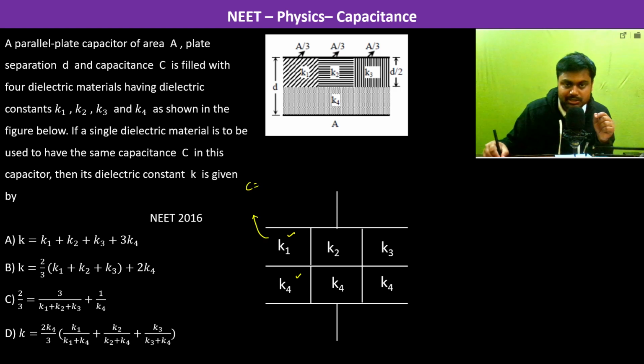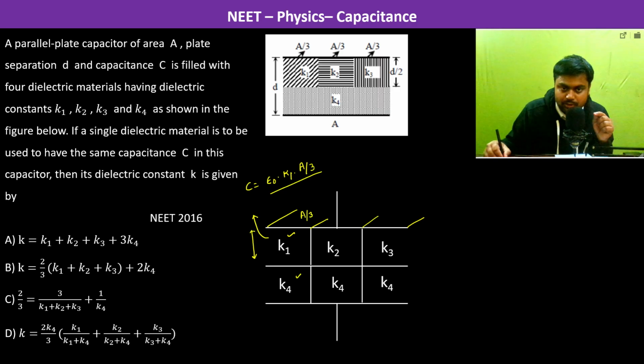Capacitance is epsilon naught into K1 into the area of the plate, which is divided into 3, so A by 3, divided by the distance between the two plates, D upon 2.